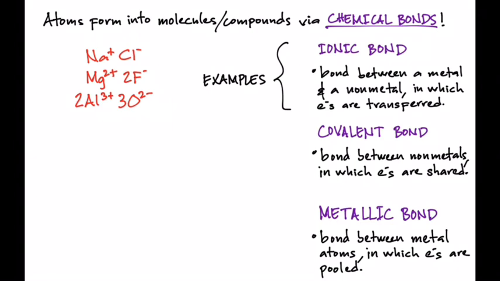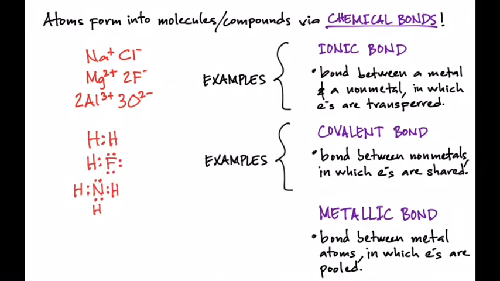We have ionic compounds in which ionic bond is being utilized. So we have salts like sodium chloride, magnesium fluoride, and aluminum oxide. As you can see here, we have electrostatic interactions between the positively charged cations and the negatively charged anions. And electrons are basically being transferred from the metals to the non-metals. And here's a few examples of molecules in which covalent bonding is being utilized.